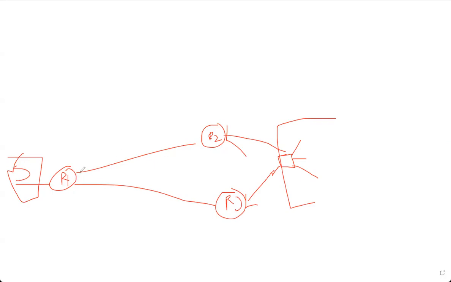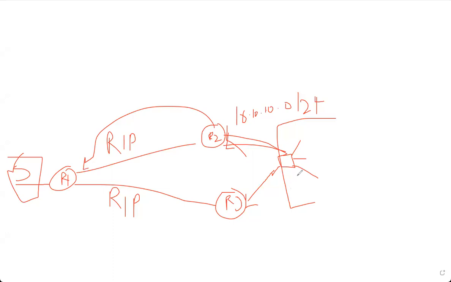Router 1 is using RIP and RIP here. And router 2 is learning 10.10.10.0/24 from this side, and router 2 will be sending it to router 1 via RIP. Similarly, this is 10.10.10.0/25.